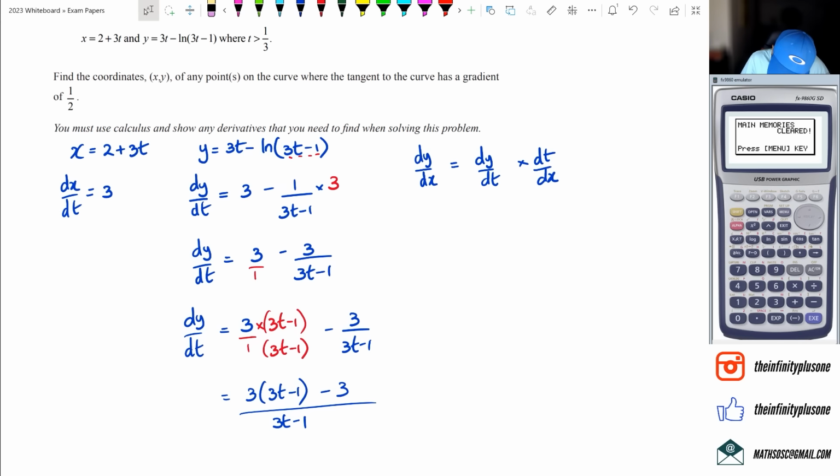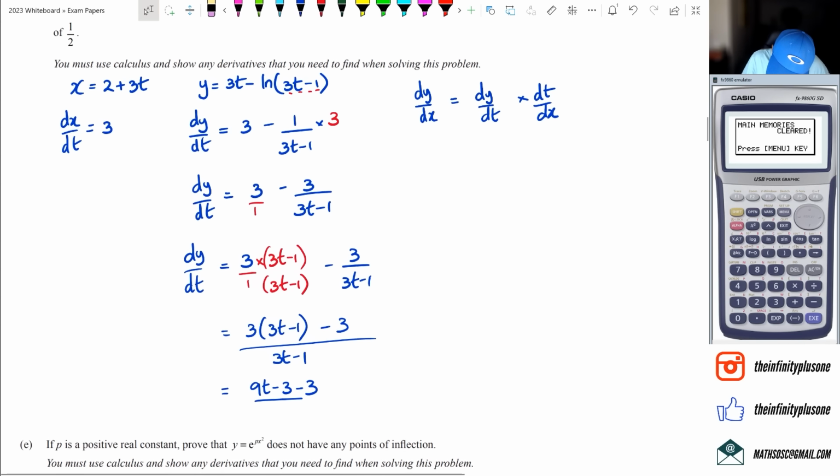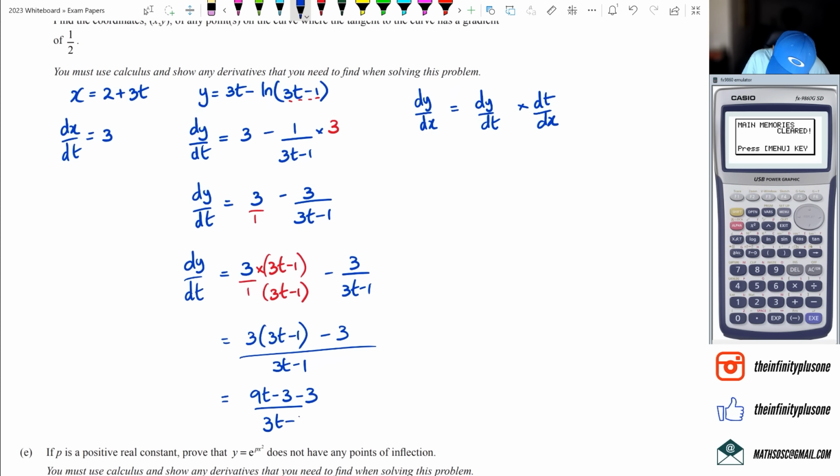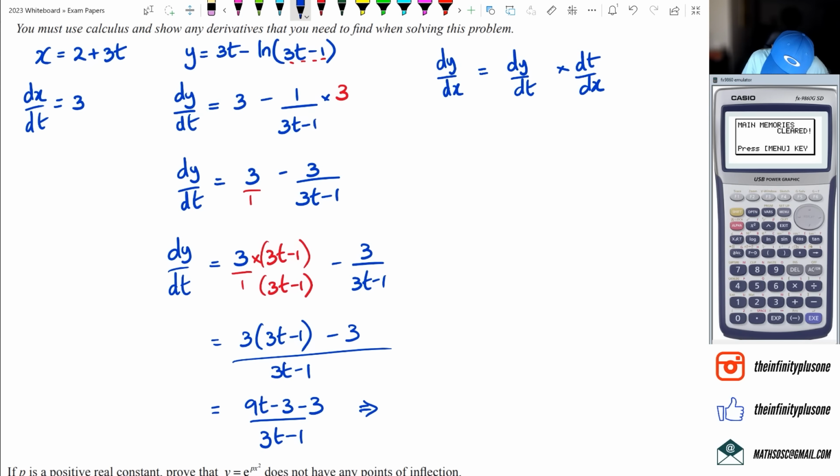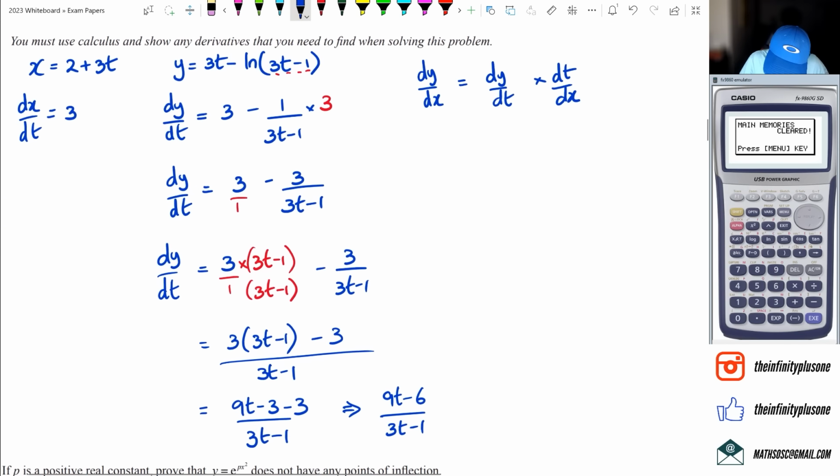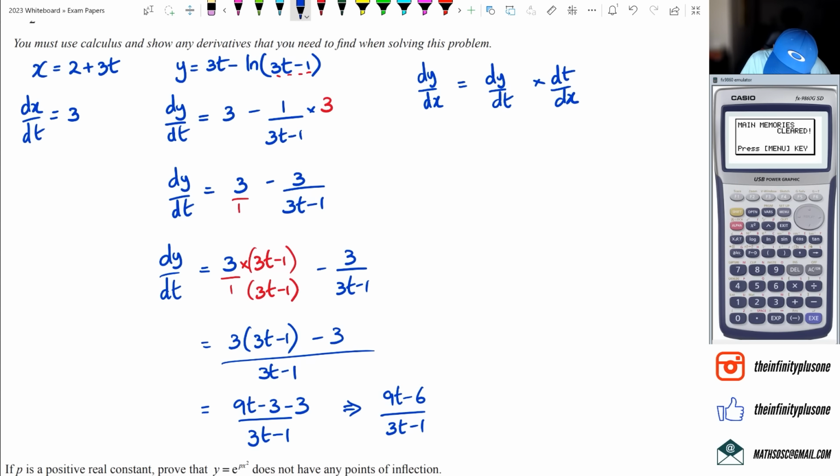Okay, so with that in mind, I'm just going to expand the brackets. So I've got 9t minus 3 minus 3, over 3t minus 1, and we can put that as 9t minus 6 over 3t minus 1. Okay, so now that we have that, we can put this into dy/dx: dy/dt is 9t minus 6 over 3t minus 1 multiplied by 1 over 3.